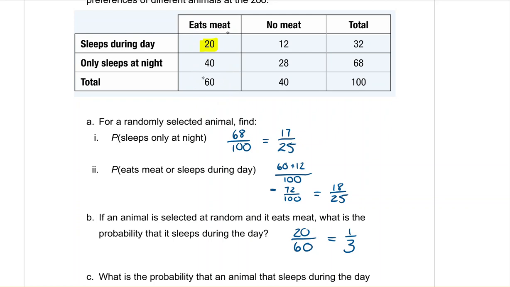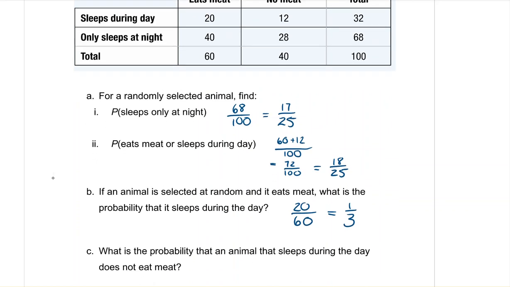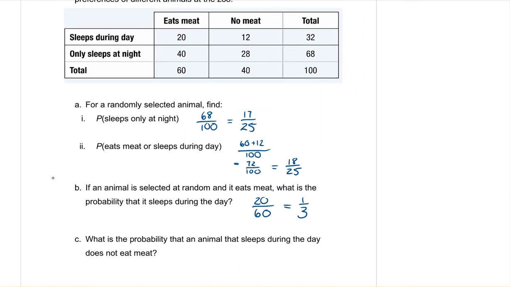Let's try another one similar to that. What is the probability that an animal that sleeps during the day, okay, so that's my total, sleeps during the day, I'm talking about the 32, that's my total over there, 32 animals sleep during the day, that it does not eat meat. So no meat is the 12.